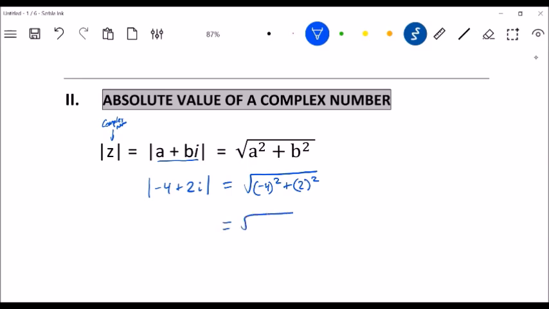And therefore that's equal to the square root of 16 plus 4, the square root of 20, which can never be left that way. You have to find the perfect square that's in it and take out that perfect square. So 2 times the square root of 5, and this would be an exact answer.